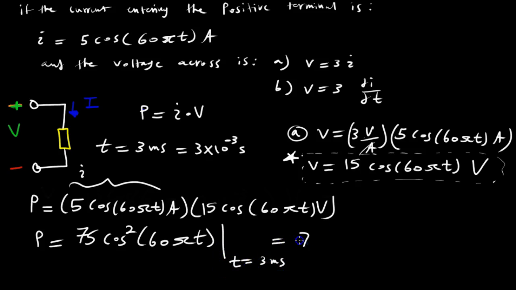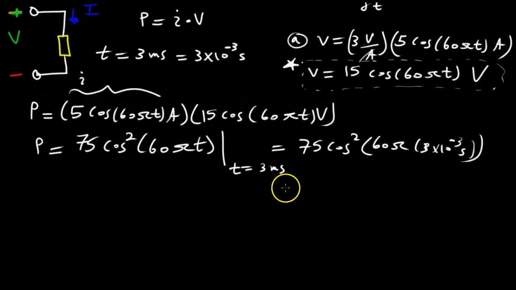Now I can plug that in, and I'll get 60 pi times 3 times 10 to the negative 3 seconds. And now we can plug that into the calculator and see what we get here. And that's going to be our power that is consumed, because it's a positive power. So that means it's being absorbed and consumed for some reason, to do some work.